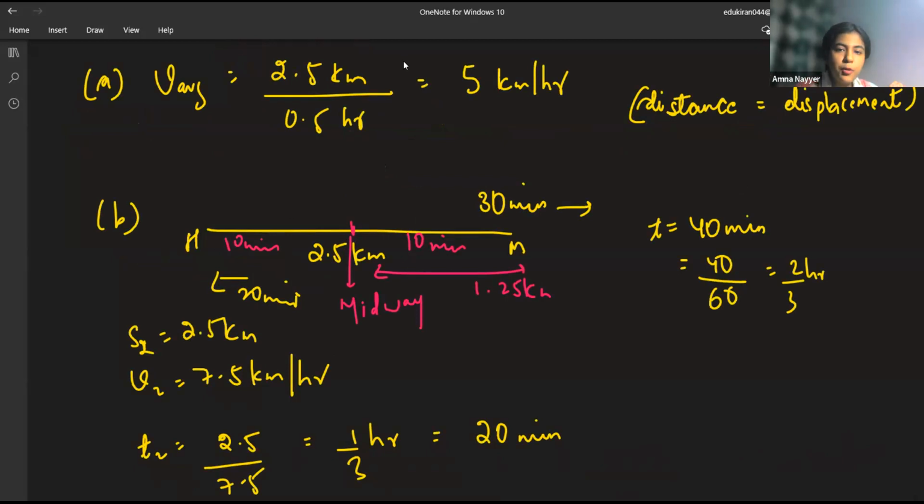Home is the initial point. Midway is the final point. So in displacement, we only take the initial and final points. What is the separation between home and the midway? Total is 2.5 kilometers. Midway will become?